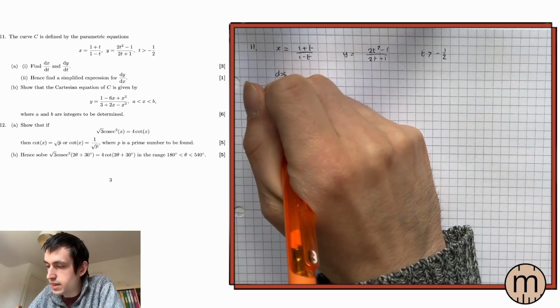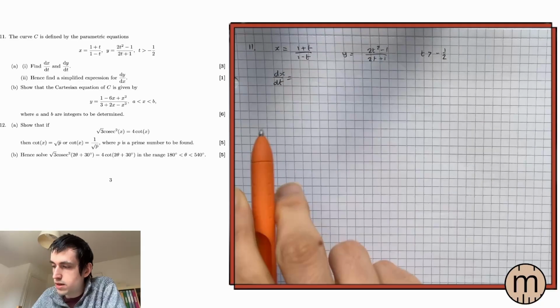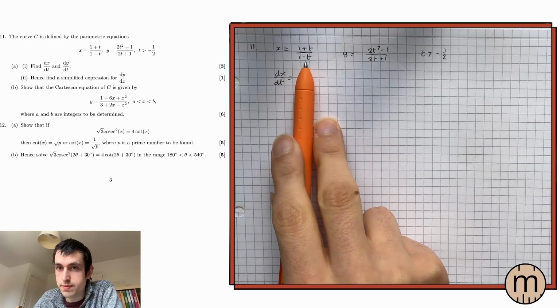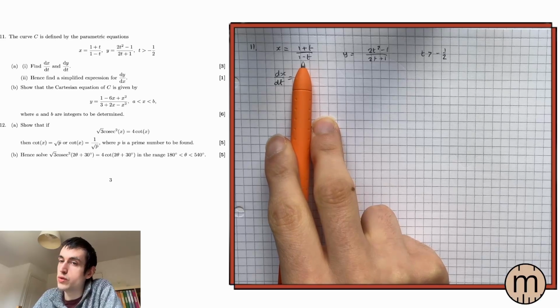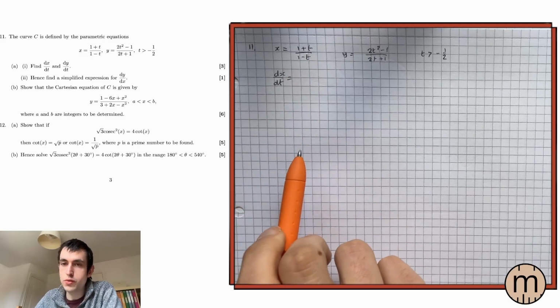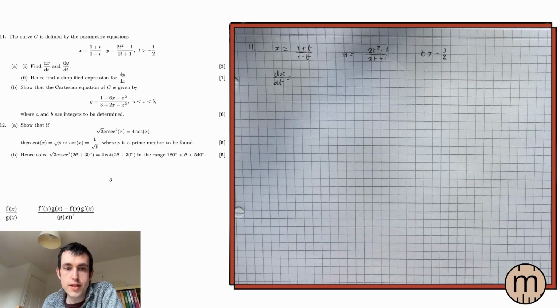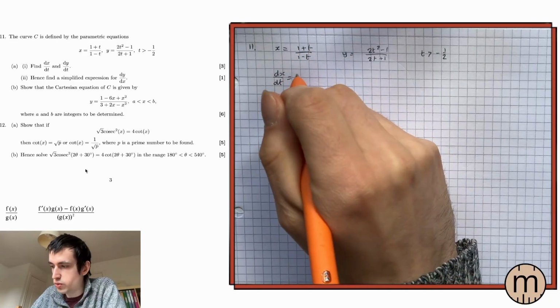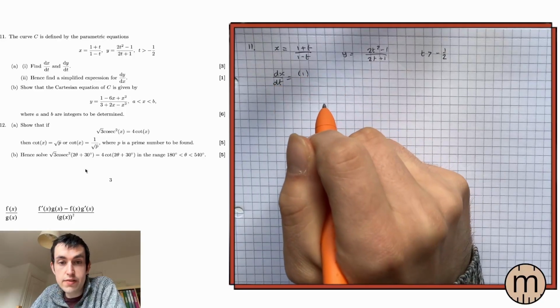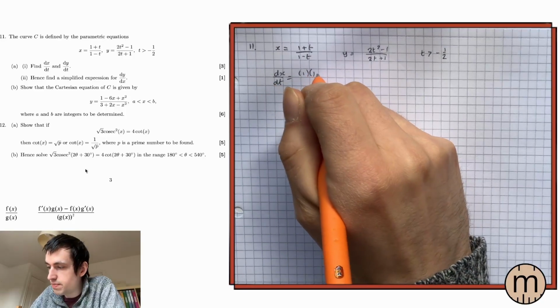To differentiate, we need to realise that this is a fraction, so there's no other call for it other than the quotient rule. The quotient rule tells us that if we want to differentiate f over g, then we need to use this formula down here. We differentiate the numerator, the derivative of 1 plus t, which is just 1, and leave g of x, the denominator, the same.